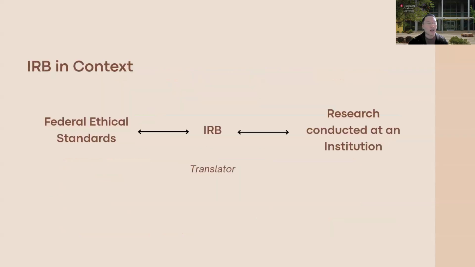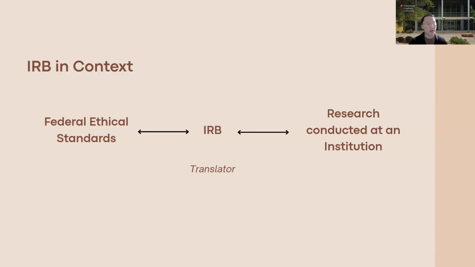So what does the IRB look like in context? Every institution has its own IRB, but they all follow the same federal rules or federal ethical standards. But the interpretation of the standards may vary from institution to institution, from one IRB office to another. So what one IRB may call exempt, another may want a brief review.